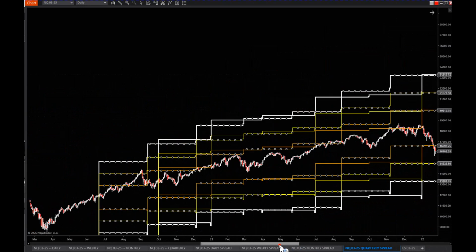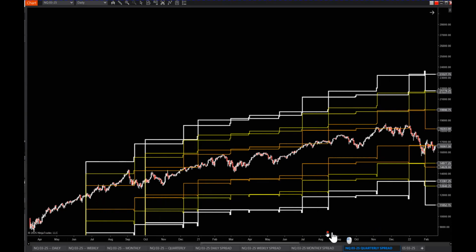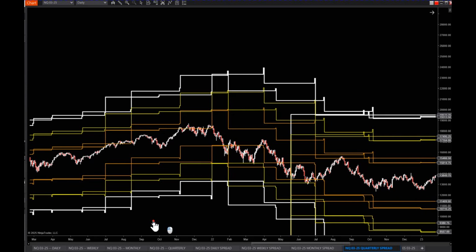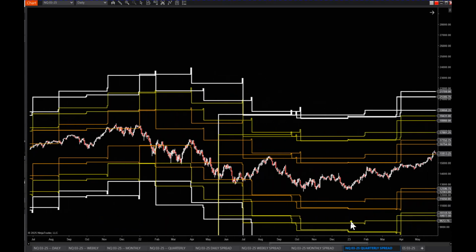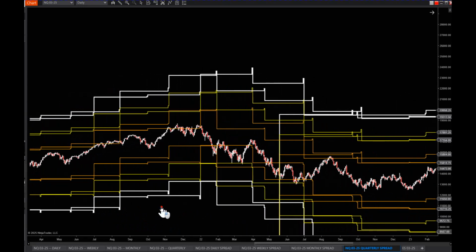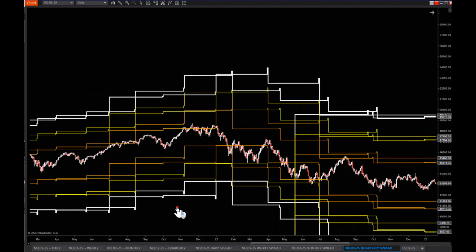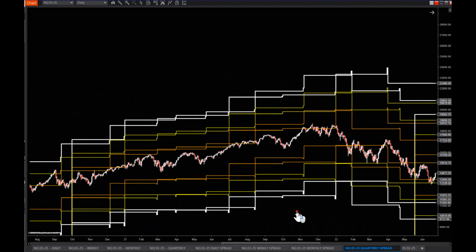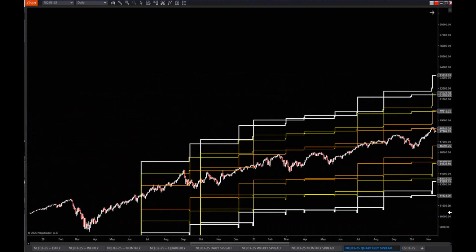In fact, very rare. And here was an instance, and it went to the 2 times the range and rolled over. But it doesn't happen very often. It's a very rare situation. COVID, you know, March 2020. I need to put more days on my chart.